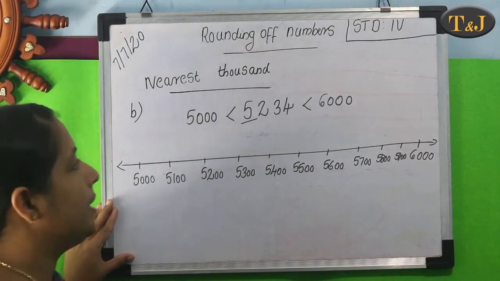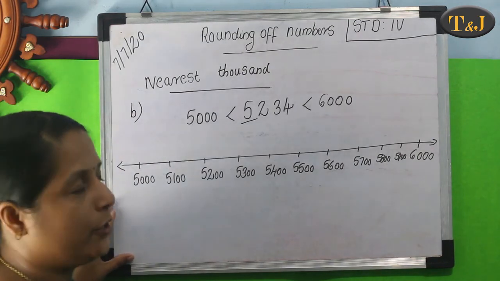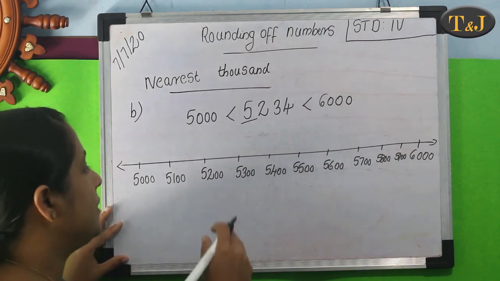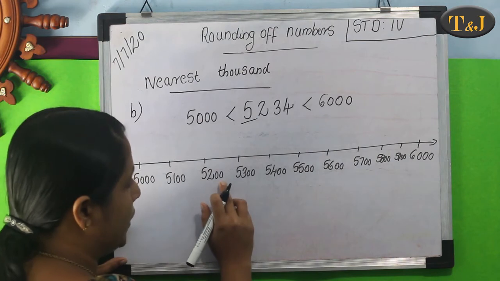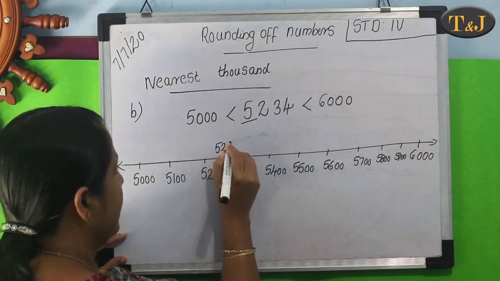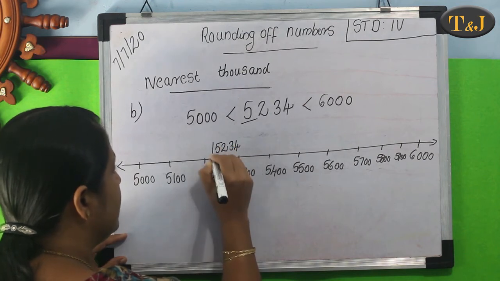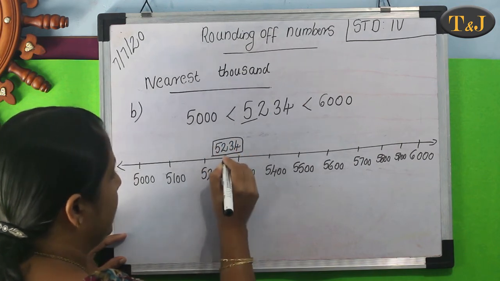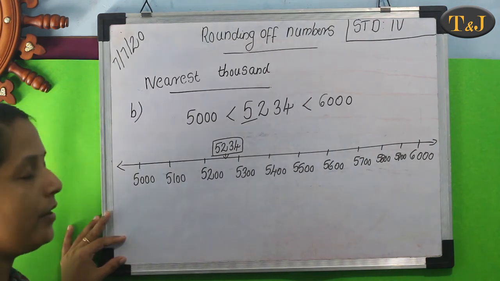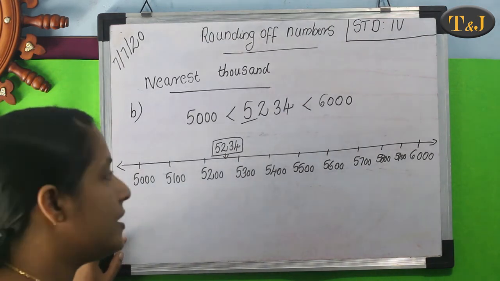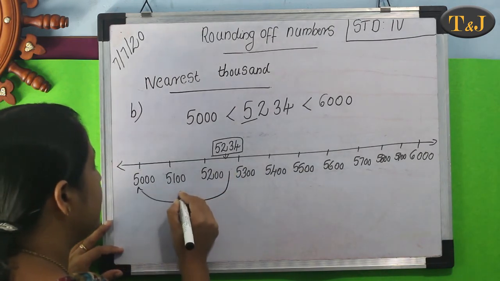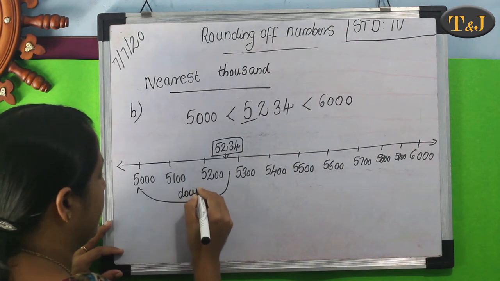Here we want to mark the number 5234. Where is 5234 located? Yes, it lies in between 5200 and 5300. So we write 5234 and mark it here. Which number is it closer to, 5000 or 6000? Yes, it is closer to the number 5000. So on this side it is the down category.